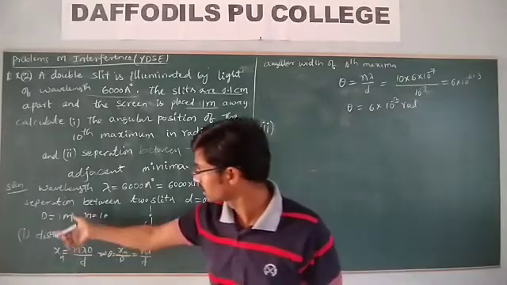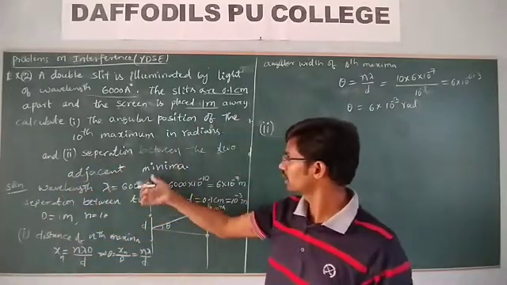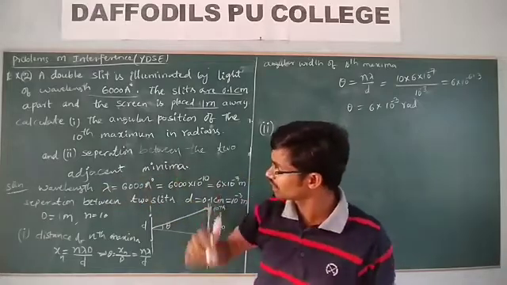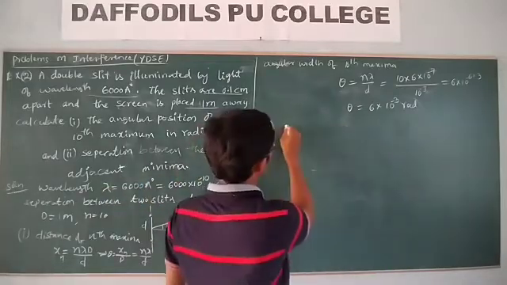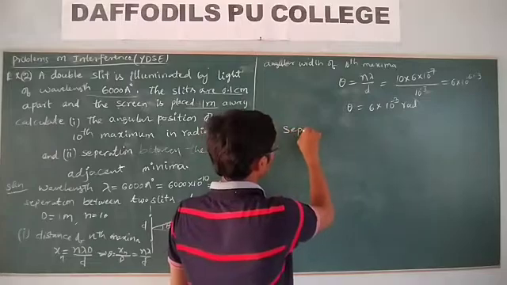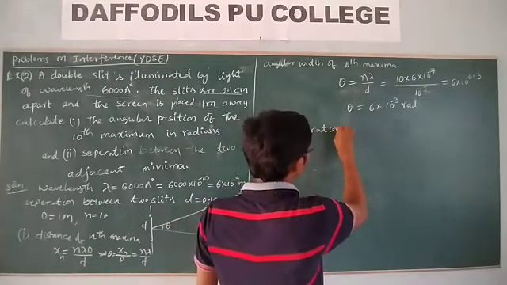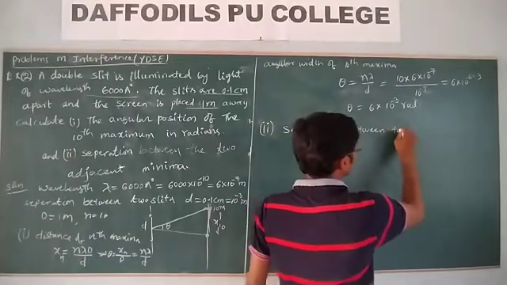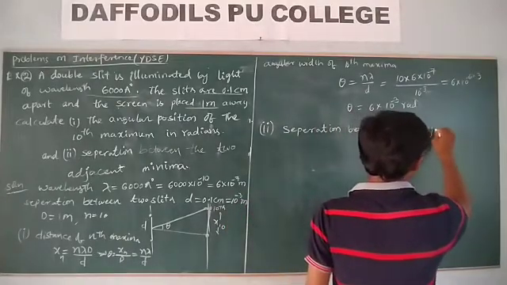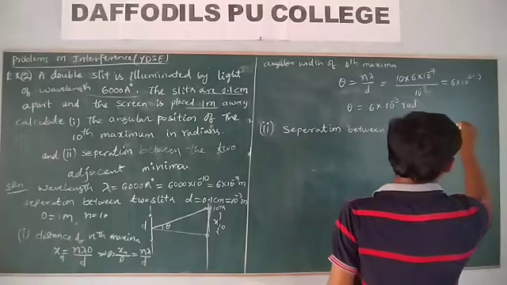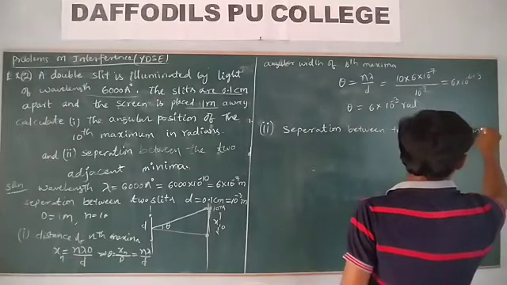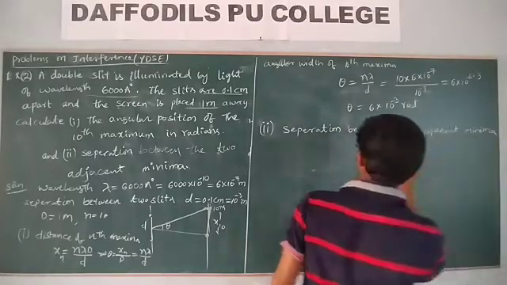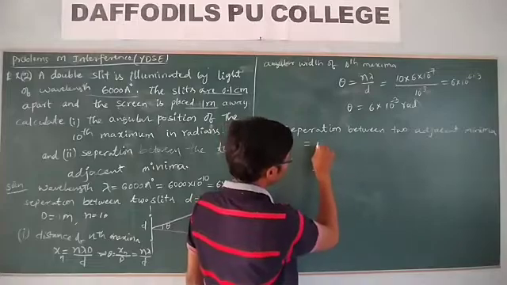So the separation between the two adjacent minima is nothing but the fringe width.